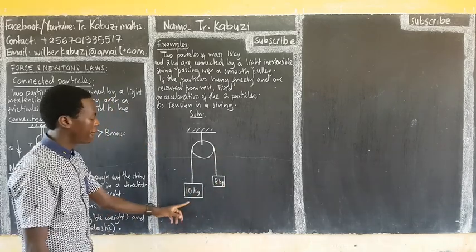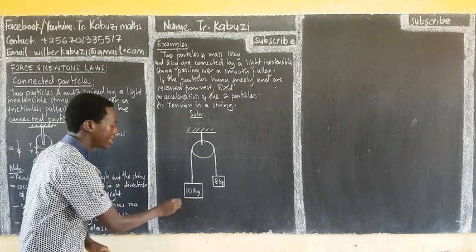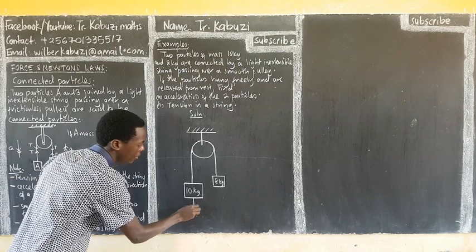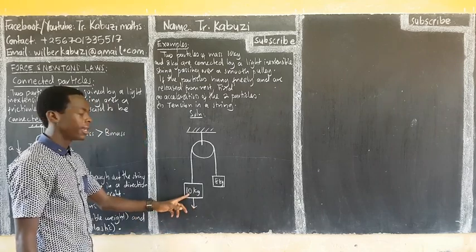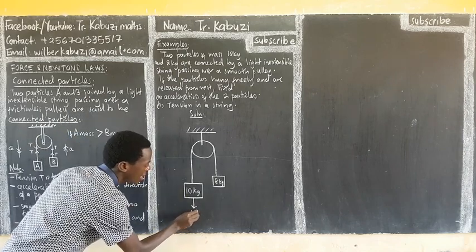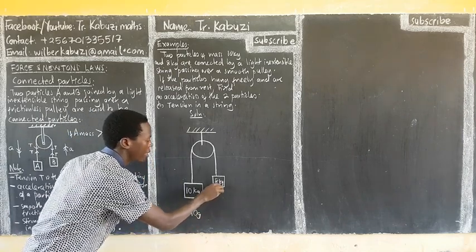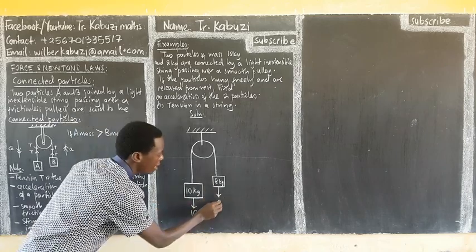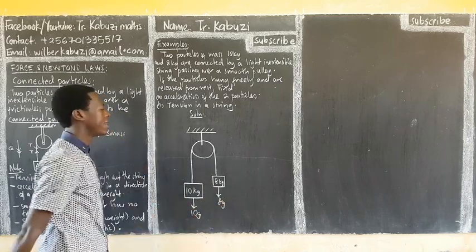Anything which has mass is going to have its weight. The mass of 10 kilograms gives a weight of 10g, and the 8 kilogram particle gives a weight of 8g.